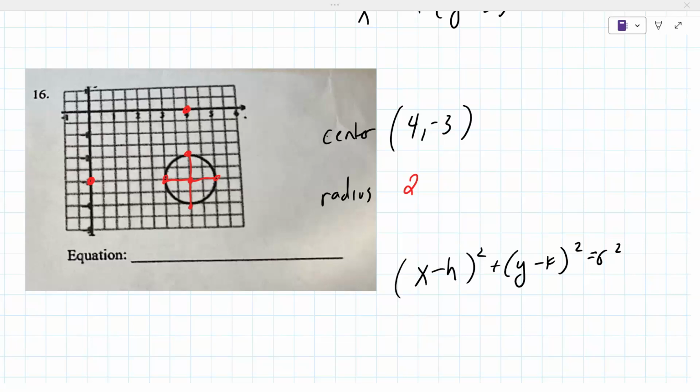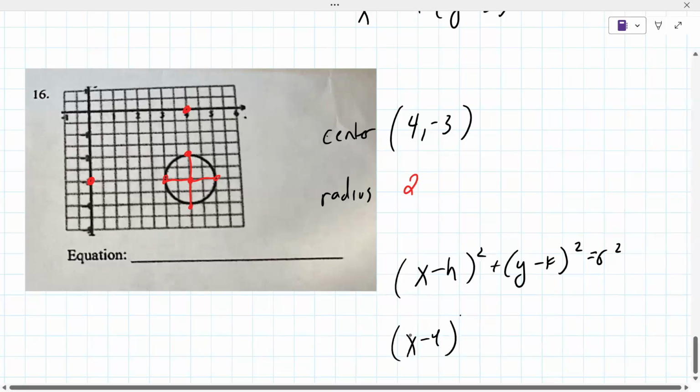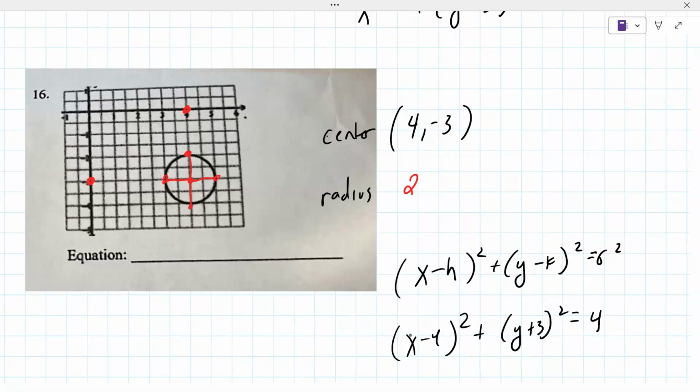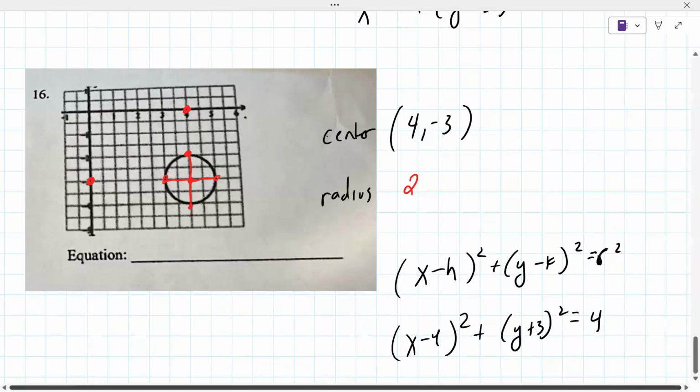X minus 4 squared plus y plus 3 squared equals 4. Okay, perfect. Any questions on that?